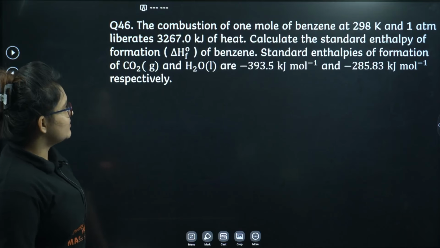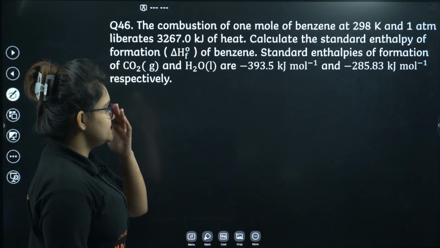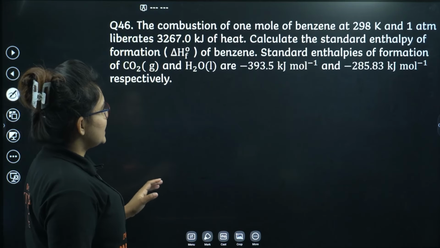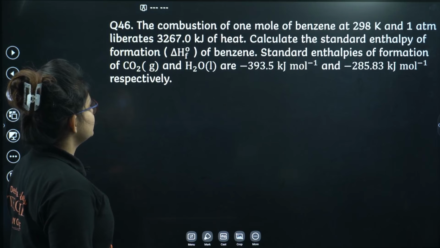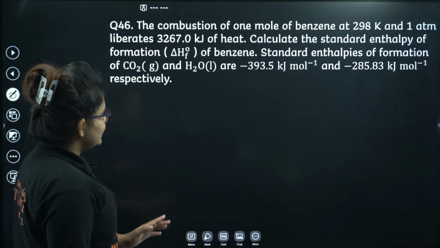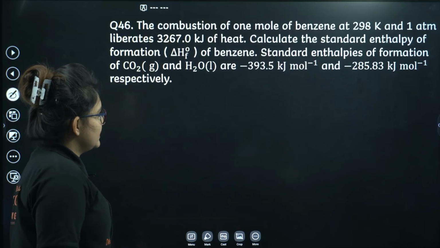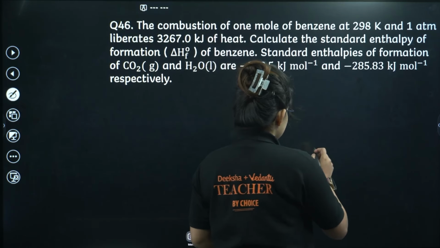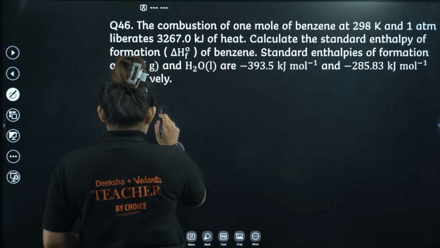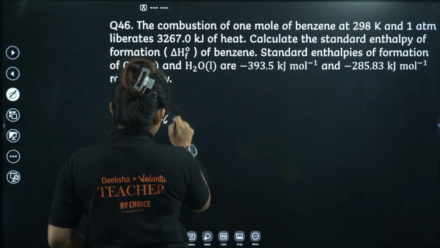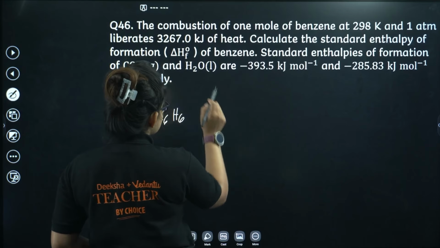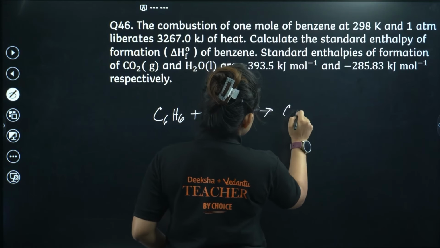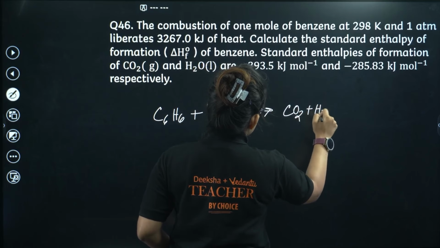Okay, here you can see the combustion of 1 mole of benzene at 298 Kelvin and 1 atmosphere liberates this much kilojoule of heat. Calculate the standard enthalpy of formation of benzene. Standard enthalpies of formation of CO2 and H2O are given. So what are the things given? At first write C6H6, combustion of benzene, plus O2 will give you CO2 plus H2O.